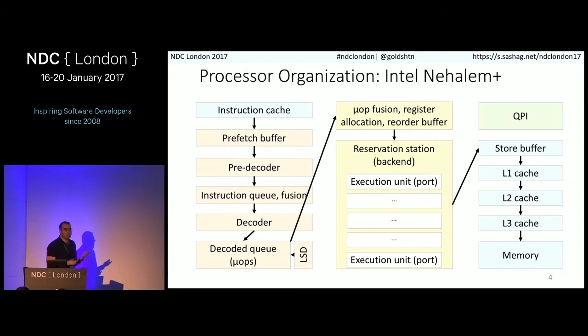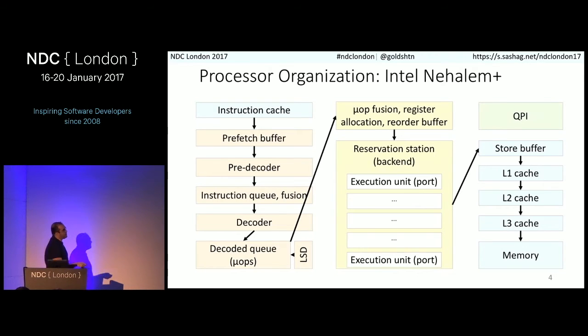For example, an instruction that reads a value from memory, adds another number to it, and stores the result to some other location might be broken into 3 parts: read from memory, add a number, and then write the result somewhere. And these micro-ops are then passed forward to the back end, which actually executes them.